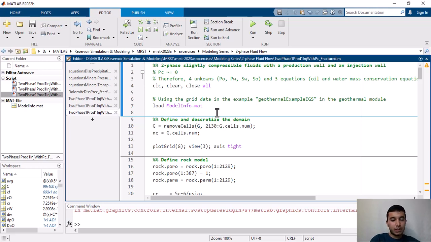I'm going to use the equivalent continuum model to model the fractures, which is the simplest type of fracture model.